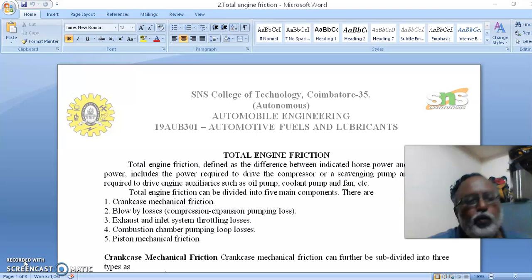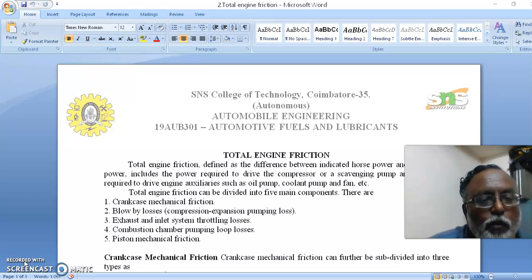So, we have 5 types of components for engine friction. The first one is crankcase mechanical friction.